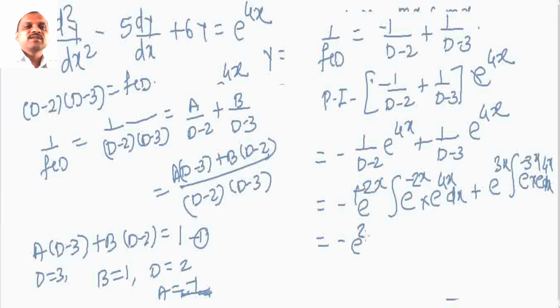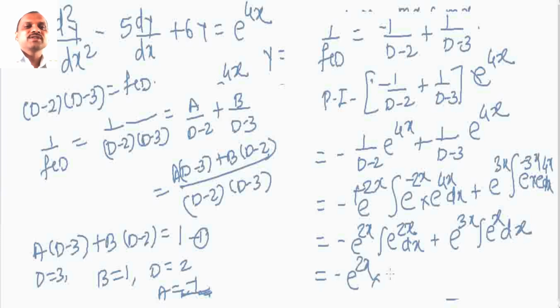You can see here minus e raised to 2x into the integration of e raised to 2x dx, plus e raised to 3x into the integration of e raised to x dx, equal to minus e raised to 2x into e raised to 2x divided by 2, plus e raised to 3x into e raised to x.